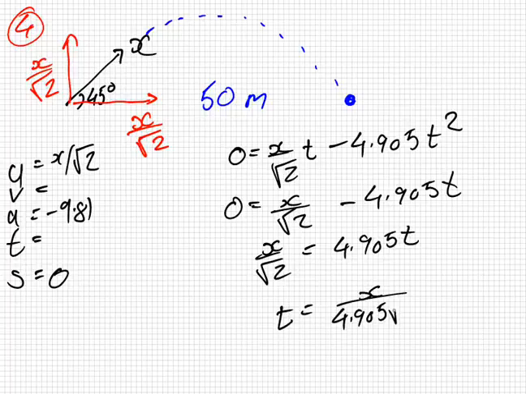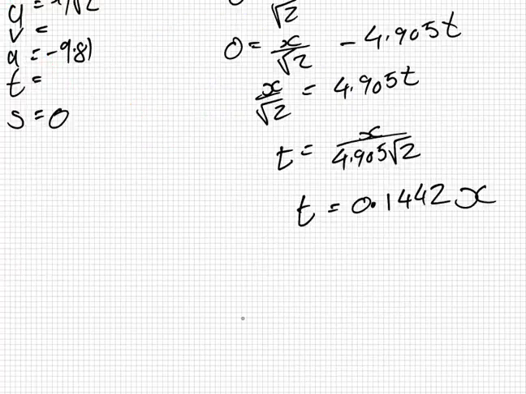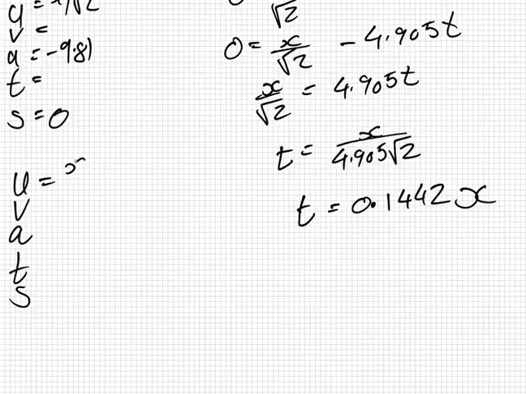Okay, so first I'll get the time. U, V, A, T, S. The U is 28.28. The V we don't know. A minus 9.81. T we don't know. And S, if I want to go to here, minus 0.9. So we can go straight into S equals U T plus a half A T squared.